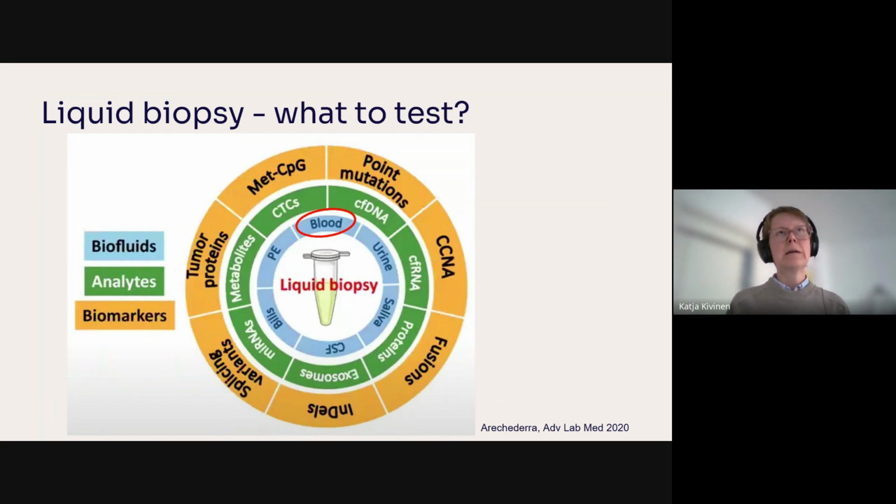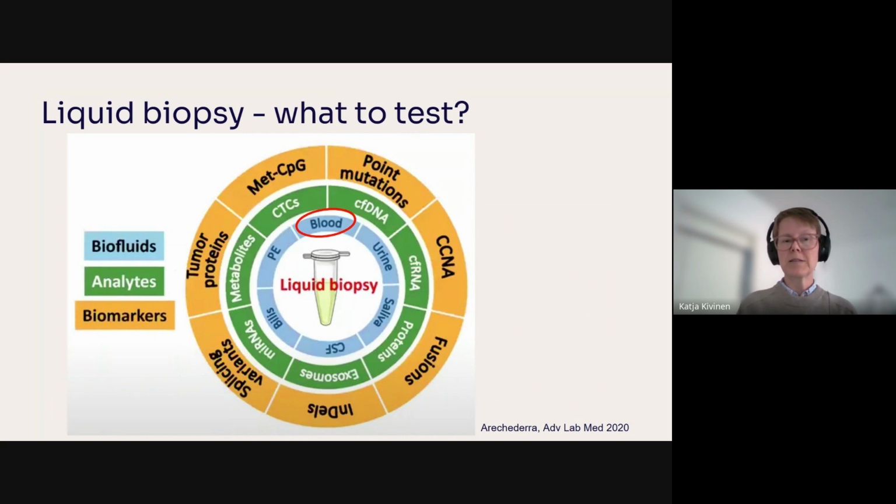So there are well-functioning, characterized test kits for extracting DNA or RNA or proteins from blood, whereas urine, saliva, other types of liquids, if you go to the manufacturers, they will say, yeah, we don't actually have a test kit available, and then you need to do a lot of R&D to develop those yourselves.